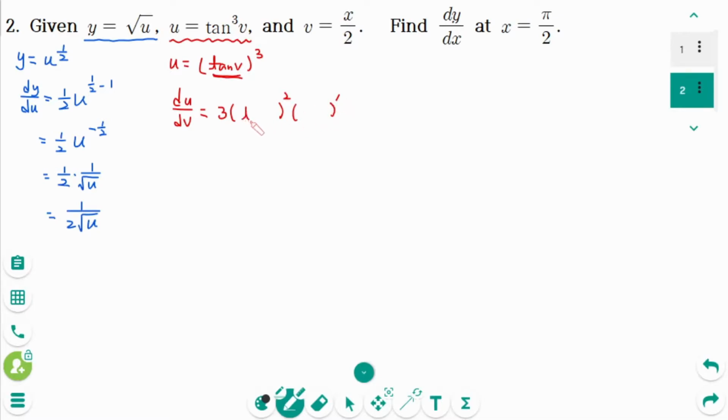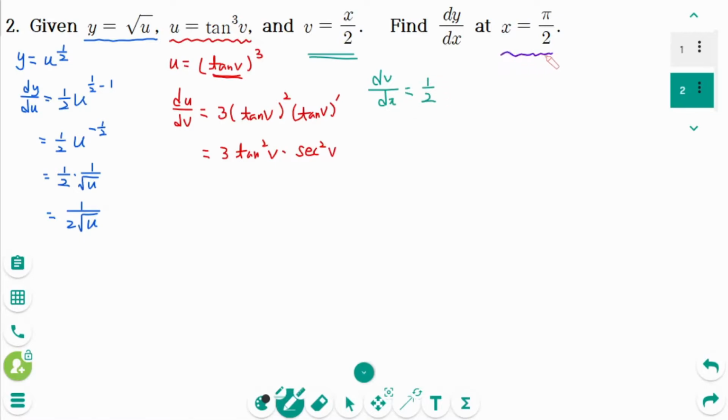The inner function is tangent v, then 3 tangent squared v times the derivative of tangent v, which equals secant squared v. Then v equals x over 2, a differentiable function of x. Then dv dx equals 1 over 2.